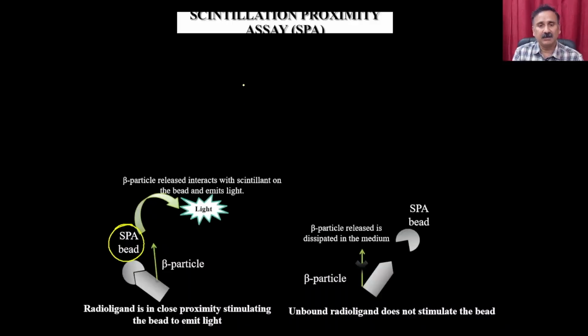But in the case of the scintillation proximity assay, you have the SPA beads, and when these scintillation proximity beads receive the beta particles from the radioactive nuclei, they give you light. And this excitation of the scintillation proximity beads depends on the distance of these beta particles. So it gives you a very specific signal.